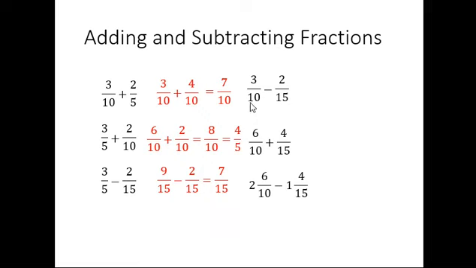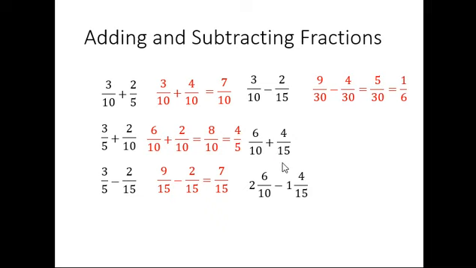So 3/10, if I change this to a 30, it's multiplied by 3. So I've got to do the same to the numerator. It becomes 9/30. And this would become 4 out of 30. So it's 9/30, take away 4/30, which is 5/30, and simplifies to 1/6. 6/10 plus 4/15.